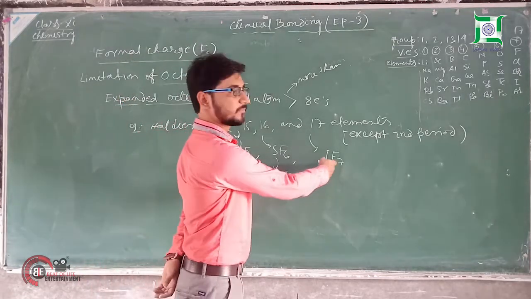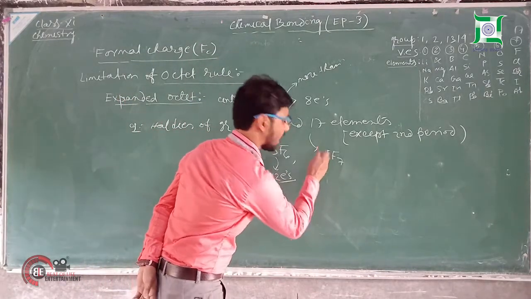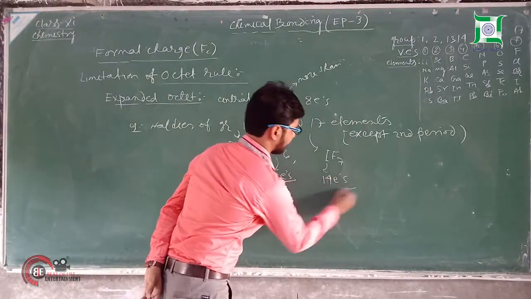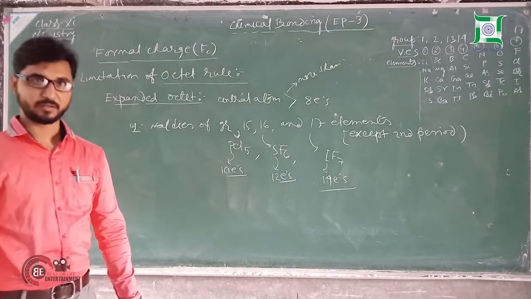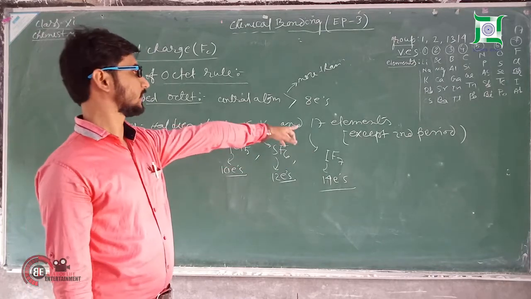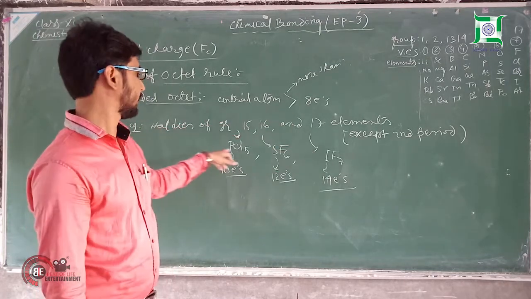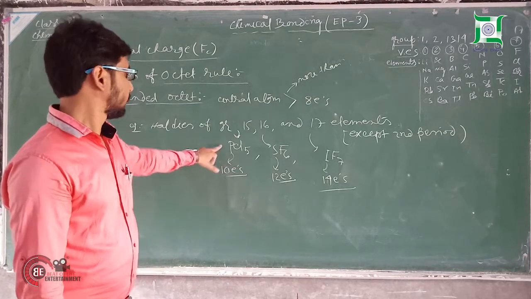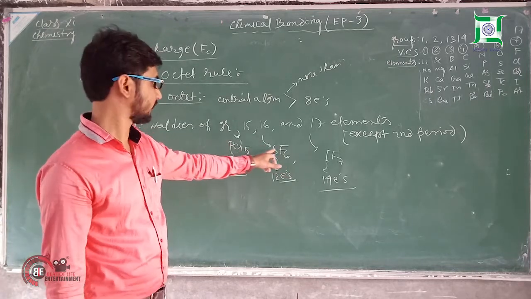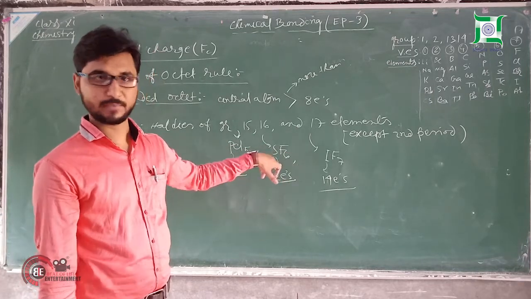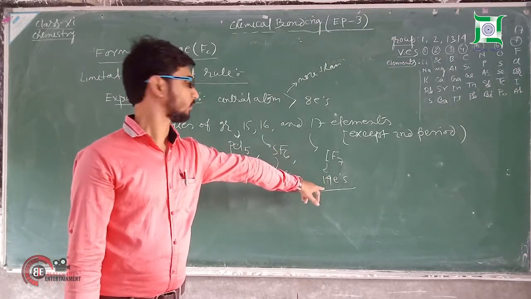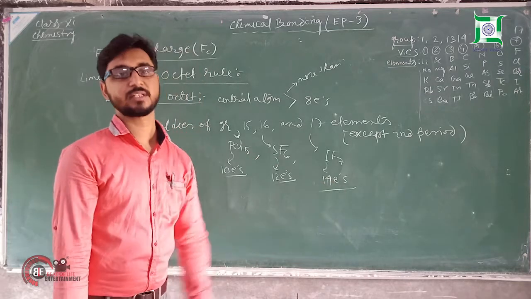In IF7, the central atom iodine has 14 electrons around itself. Okay. So in all these halides of group 15, 16 and 17, the central atom has more than 8 electrons, that is expanded octet.